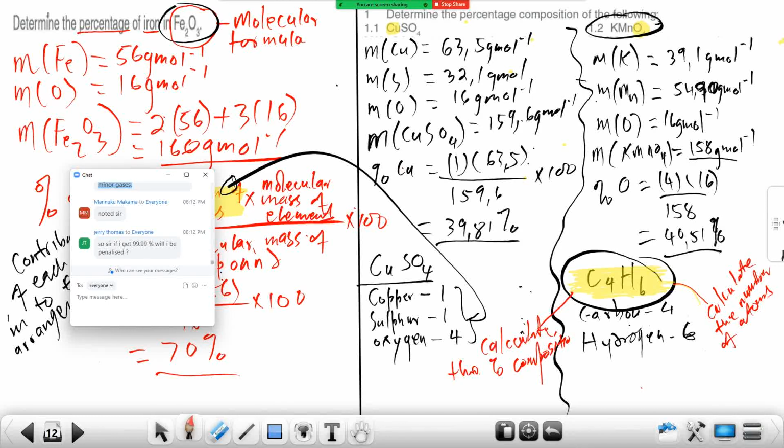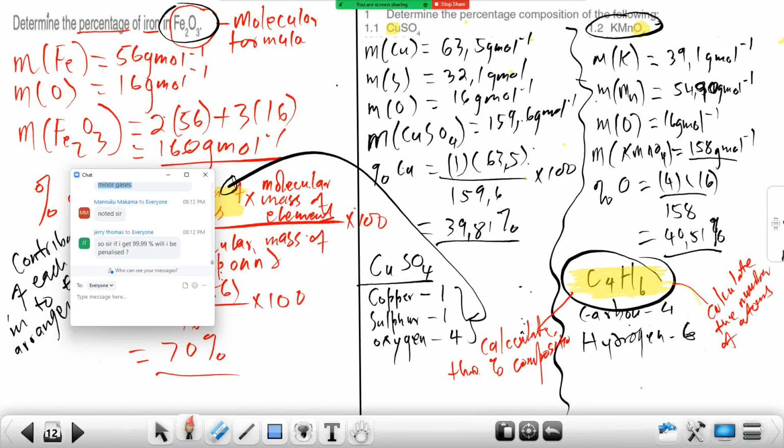So the 78 will be for nitrogen. The 28%, is it 28 or 21? I don't remember. That's natural science, that's geography. Maybe some of you are still exposed to that, but generally that's what it is. Everything that makes up the air, all the gases, must add up to 100. So it's basically the percentage composition. So if I were to calculate for copper sulfate or potassium permanganate, then my final answer, or the sum of everything, must be 100%.